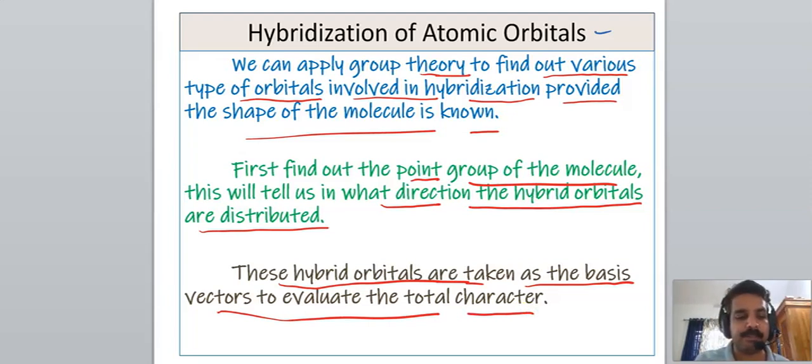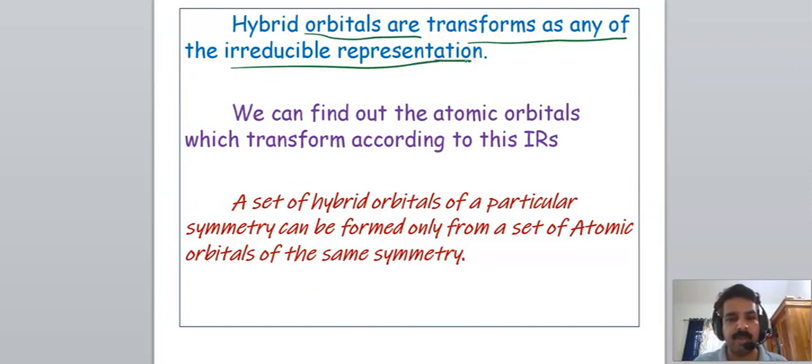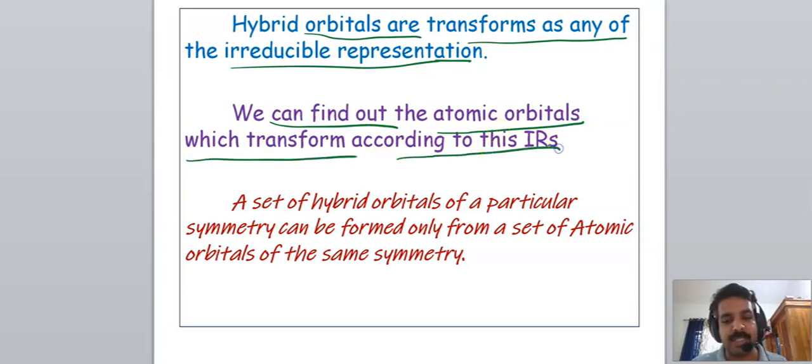These hybrid orbitals transform as one of the irreducible representations. Hybrid orbitals are equivalent, and they transform as a particular irreducible representation. We can find the atomic orbitals which transform according to this IR.